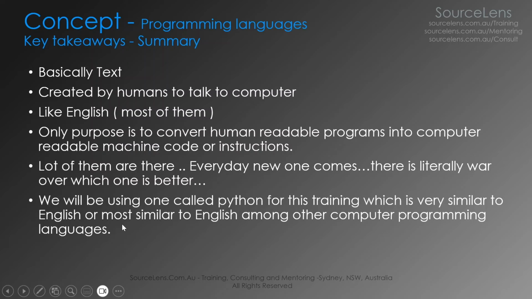And as I mentioned, we will be using Python for this training to learn all the programming concepts, which are common for all programming languages we have seen so far and the ones we have not seen so far. So we'll learn a lot of concepts and we will be using Python for that. The programming language which is most similar to English is Python.